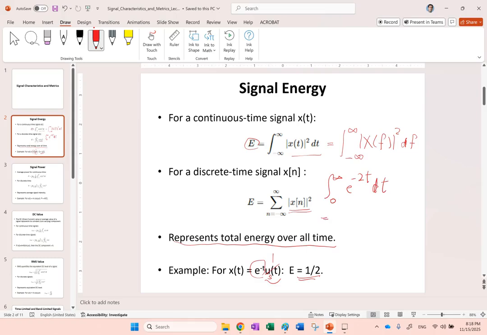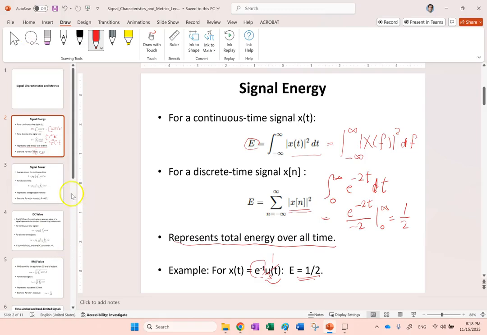And you know the integral of this is e to the negative 2t over negative 2, evaluated at infinity and 0. At infinity it's 0, at 0 it's 1, but there is a negative 1 which cancels with this negative, and you're going to get 1/2. So the energy of a decaying exponential with an exponent of 1 is 1/2. There we go, right? So this is the energy of the signal.